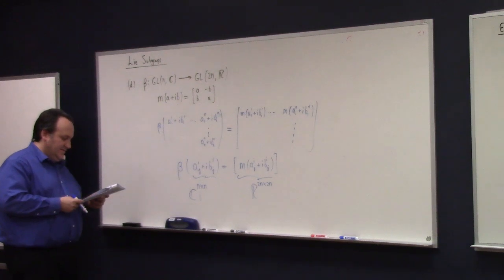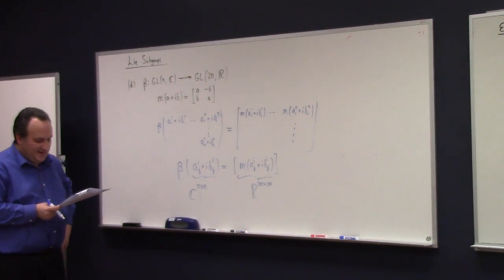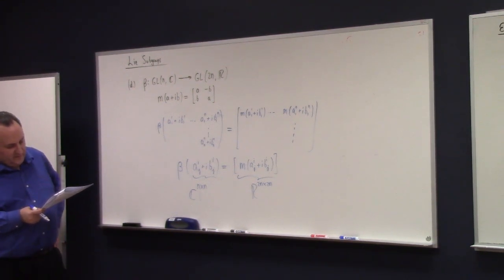And he says it's straightforward to verify that beta is an injective Lie group homomorphism whose image is a properly embedded Lie subgroup of GL 2n R. Thus, GLNC is isomorphic to this Lie subgroup of GL 2n R.